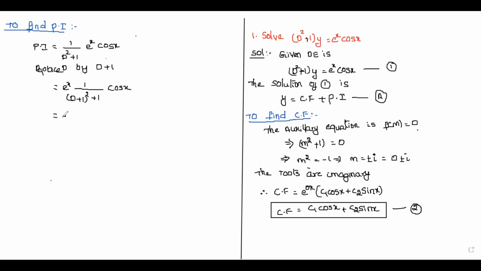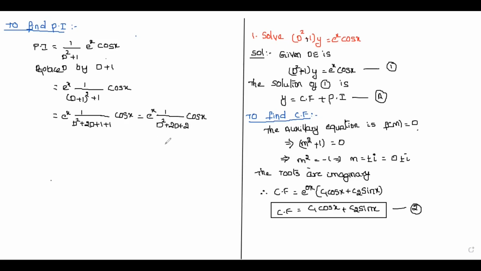This is equal to e power x into 1 by D square plus 2D plus 1 plus 1, that is, e power x into 1 by D square plus 2D plus 2 into cos x.